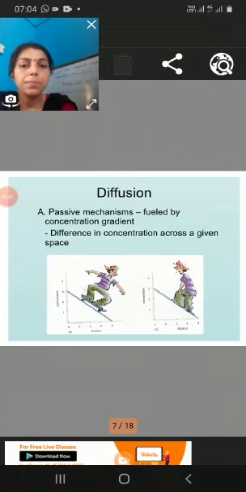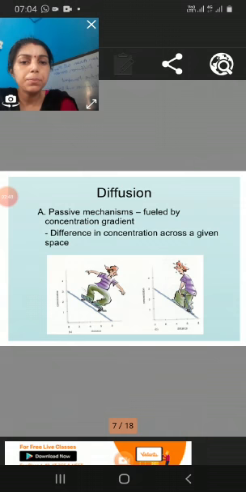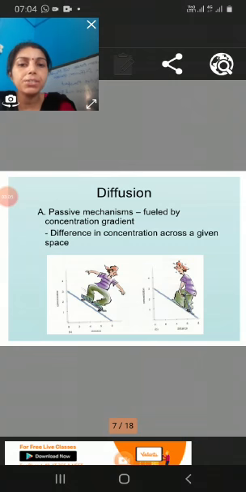Diffusion is a process in which the substances pass across the membrane by their difference in concentration across the space, and since it is based on the concentration gradient, it does not need any energy expense.